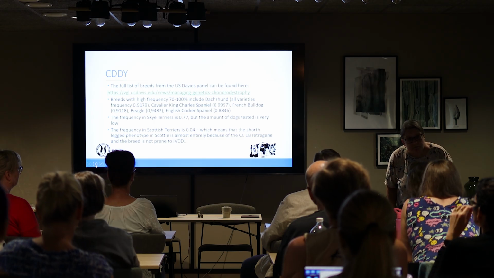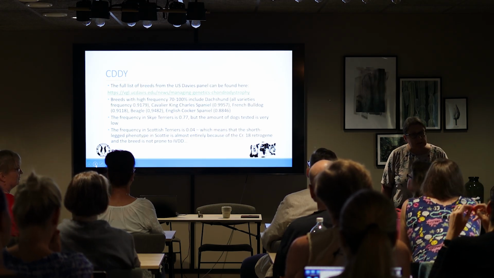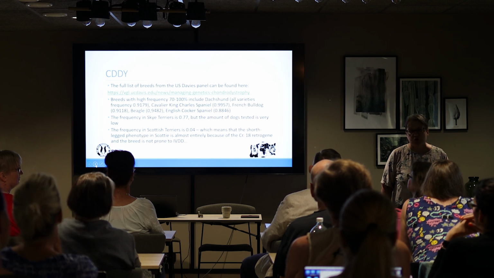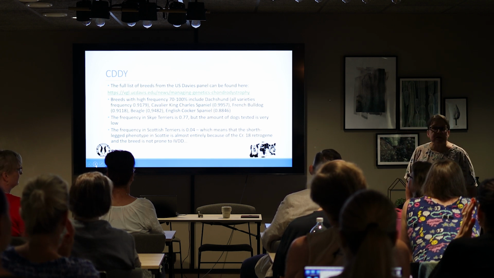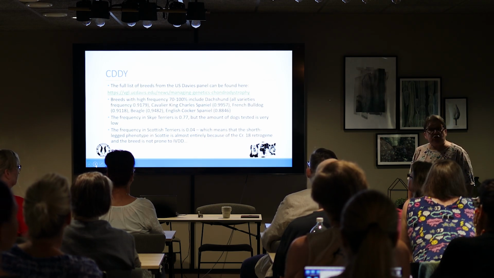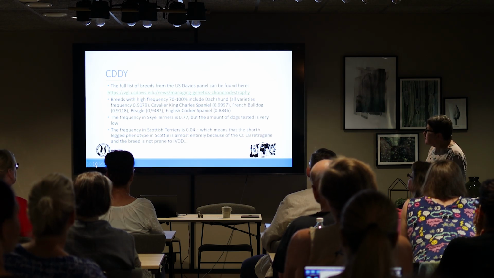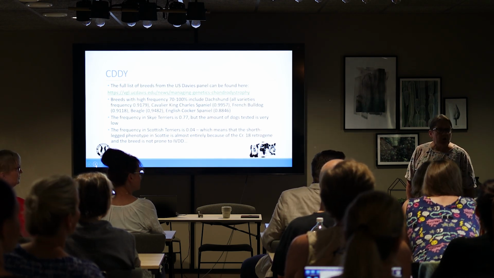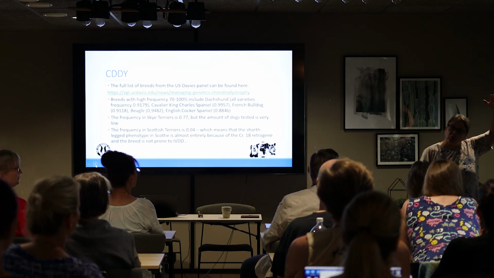Beagles, even though you would not think about it, but beagles are also kind of chondrodystrophic, and they have a high frequency of this mutation. And so are also the English Cocker Spaniels. And there are breeds that you wouldn't think.